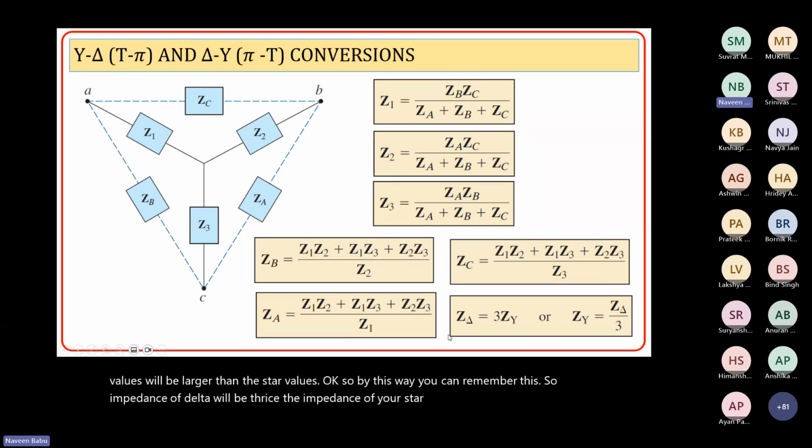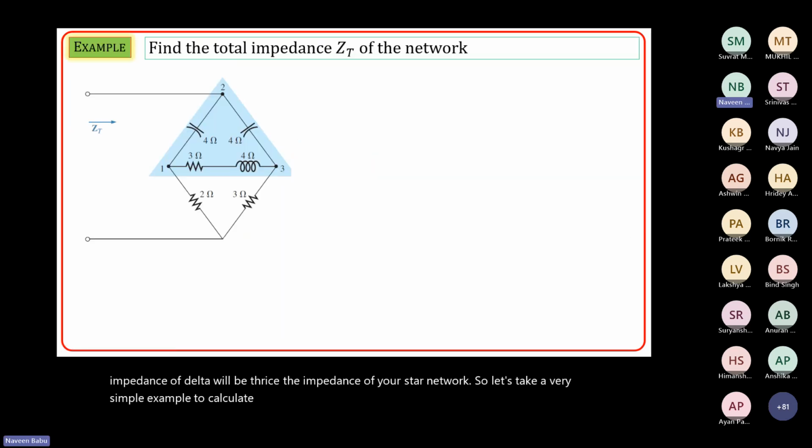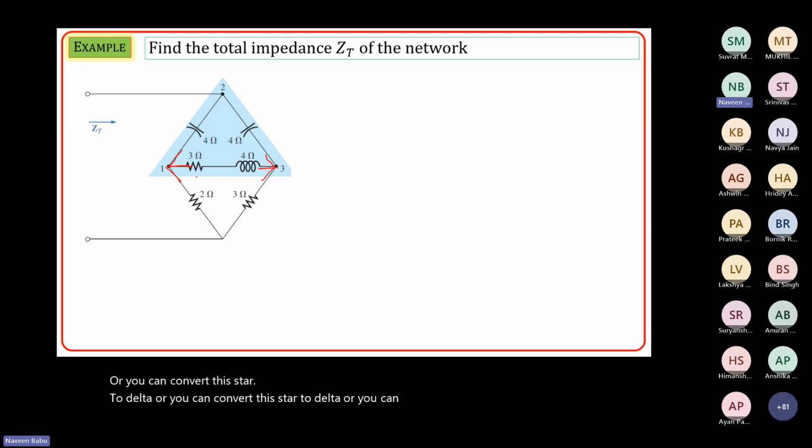So let's take a very simple example to calculate the impedance of a network. We need to calculate the total impedance, similar to admittance. Either you can convert this delta to star, or you can convert this star to delta, or you can convert the bottom delta to star also.